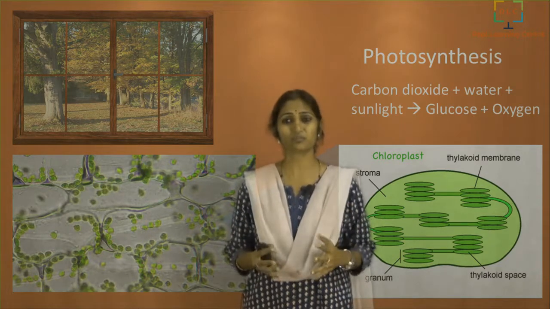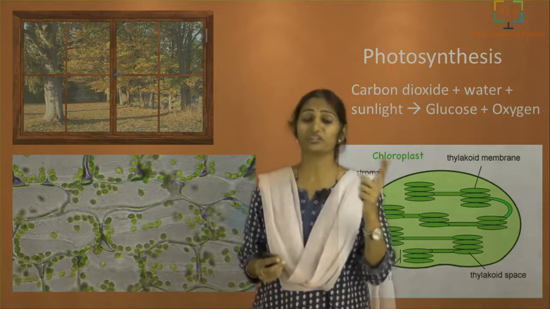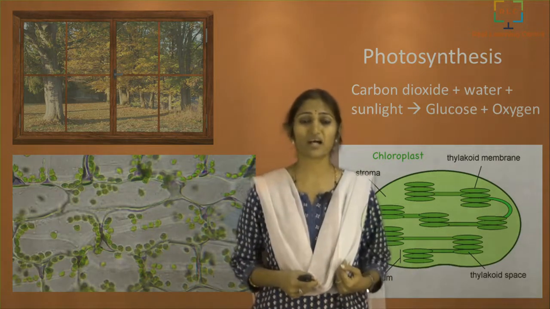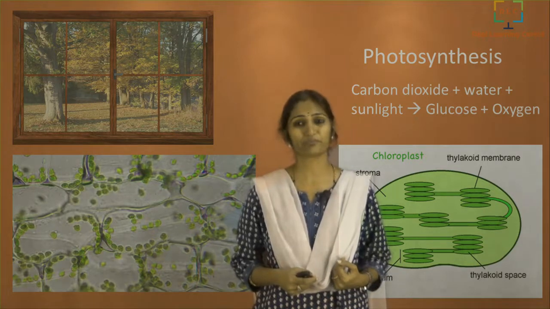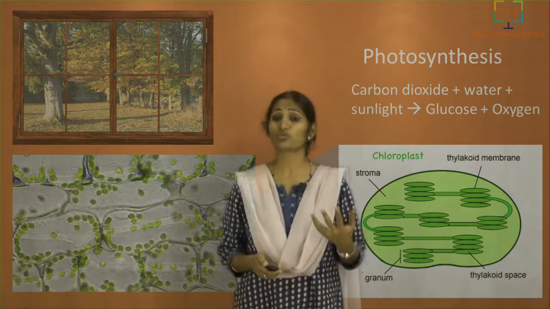Plants do not need oxygen, plants need carbon dioxide. This oxygen which is formed here is given out, and the same oxygen is used by us for breathing. So this is about photosynthesis. Okay, now if photosynthesis is so important, why can't we do photosynthesis?